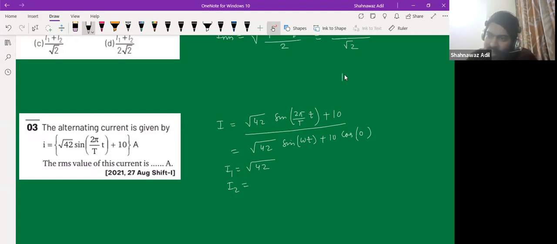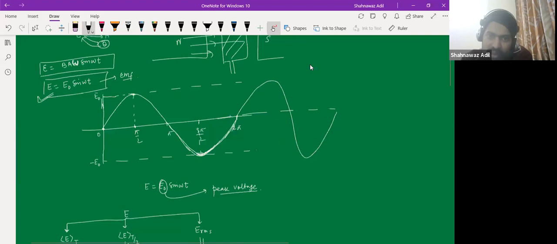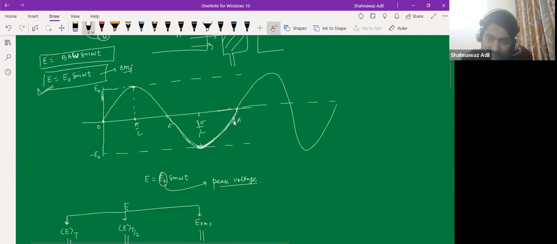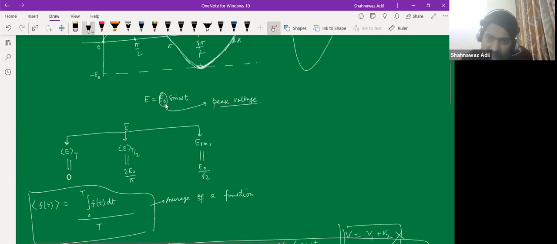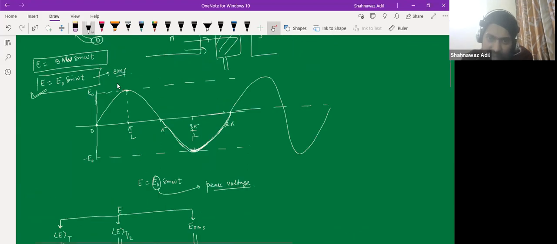If I write current as I naught sine omega t, this is the peak value, right? If I write voltage as E naught sine omega t, this is the amplitude, which is the peak value, right? That we have learned from here, and that is determined by this graph.